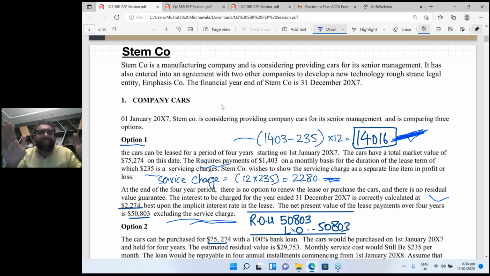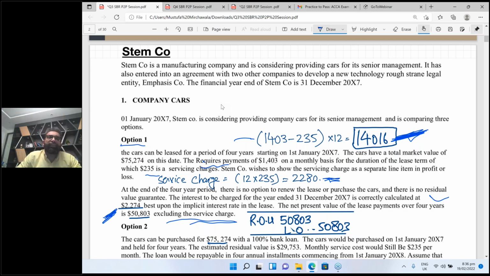And whenever you repay a loan, there are two elements in the repayment of loan. Number one is the principal amount, and number two is the interest. So active students, please, the total amount we are paying is 14016. And out of this total amount, how much is the interest? 2274.